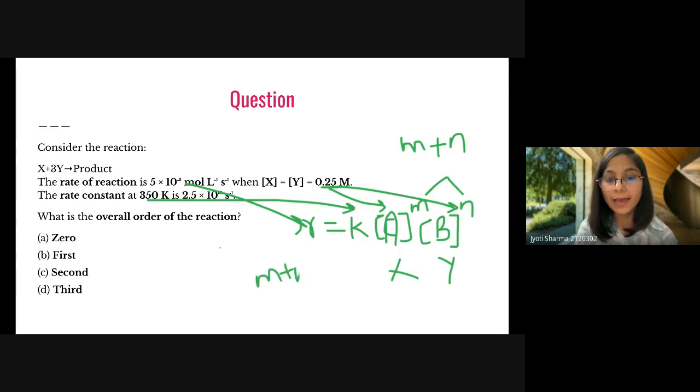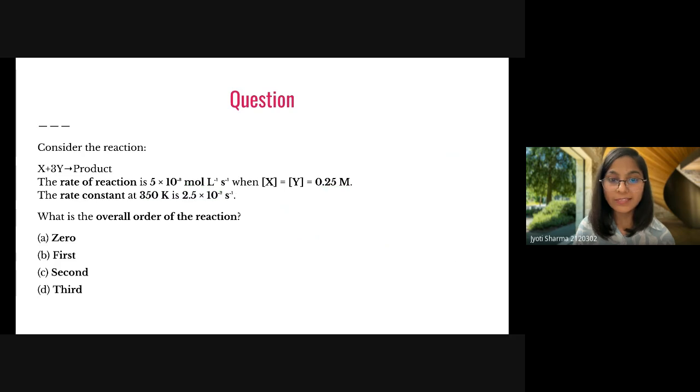Whatever m plus n we get will give us the order of the reaction. Everything is given, just m and n are not given, and we need the sum of m and n because that will give us the overall order of the reaction. This is the formula, right? So how can we solve this? Let's see.